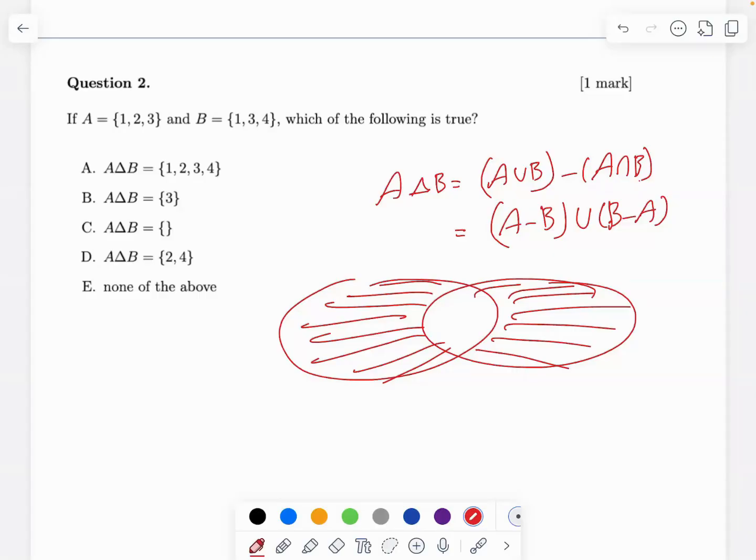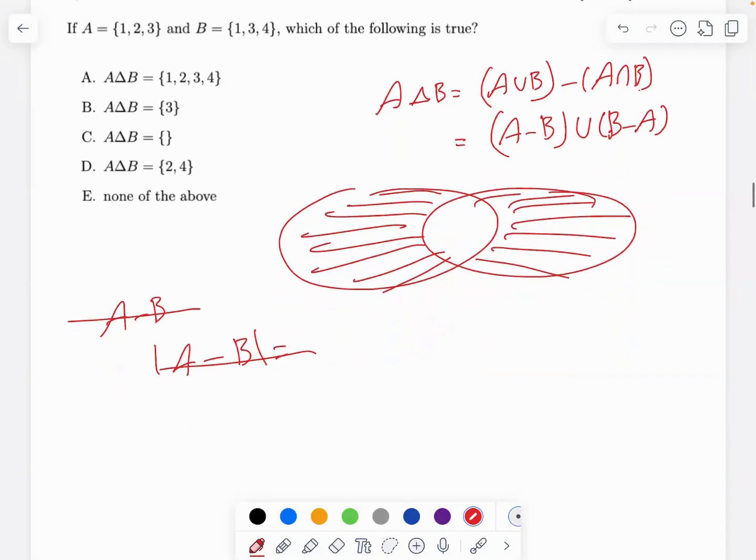Last year, not exactly this one, but the question was about finding this part and writing the cardinality of this part. How many elements? But now let's do this one here.